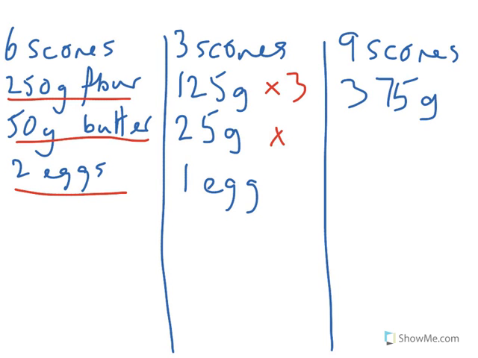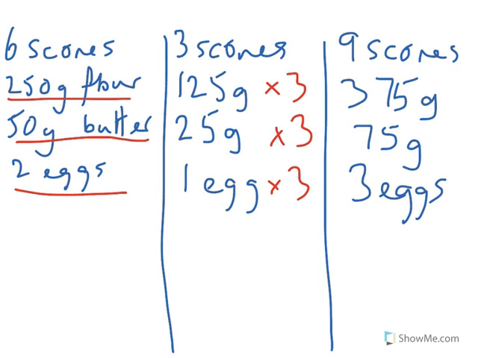Then we've got to times the butter. 25 grams times 3 would be 75 grams. And then you would times the eggs by 3. 1 times 3 gives you 3 eggs. So you can see how we've done that in 2 parts. We worked out how many you would need for 3 scones, and therefore it's easy then to go to 9 scones. I'm going to do one more example.